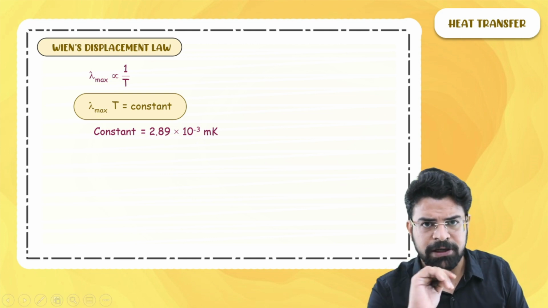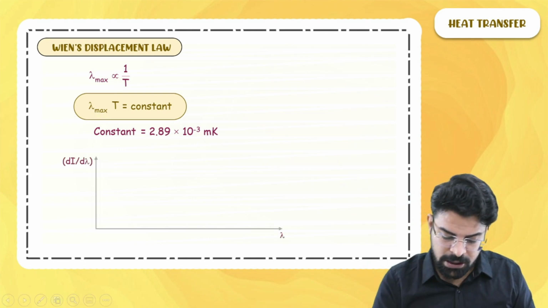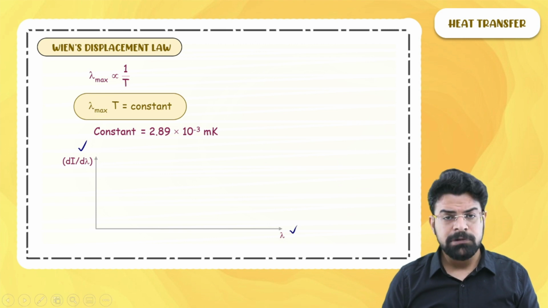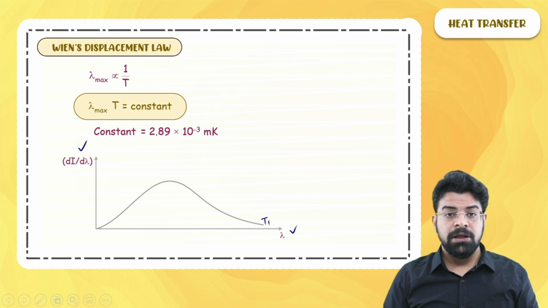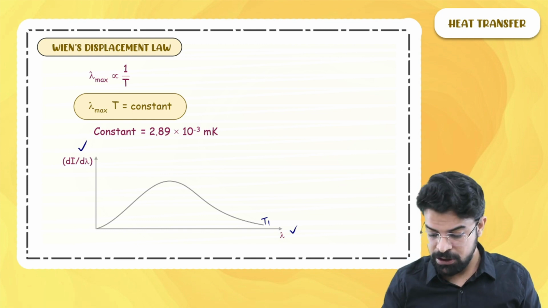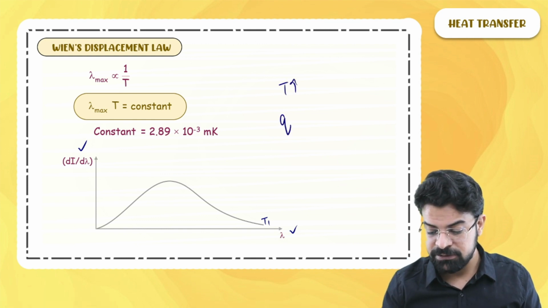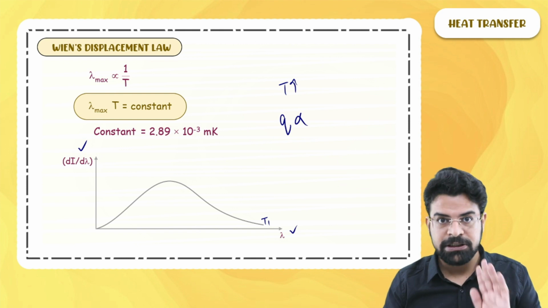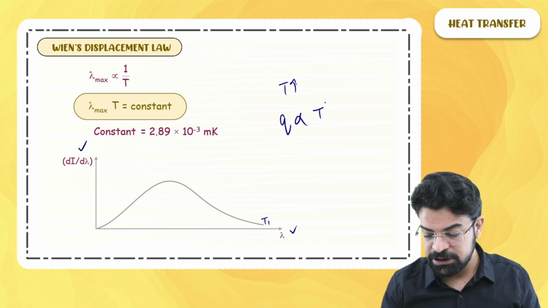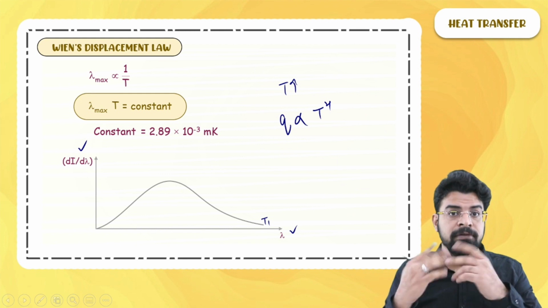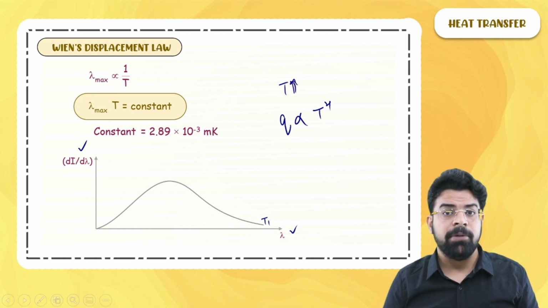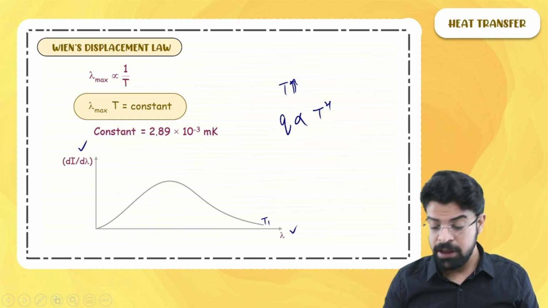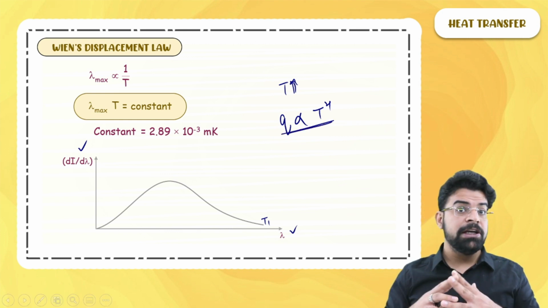No, do not worry. Now, if you have plotted the graph for a particular temperature, let's say T1, then for a higher temperature, the radiation increases, right? And we know that radiation is proportional to the fourth power of temperature. So if you increase the temperature, lambda max decreases, as well as the overall radiation increases.